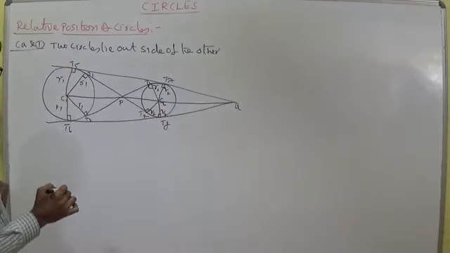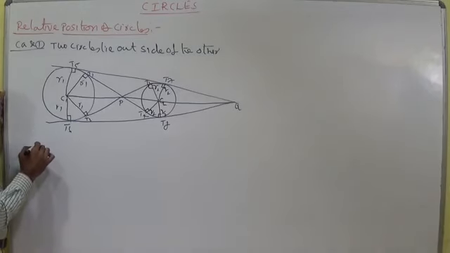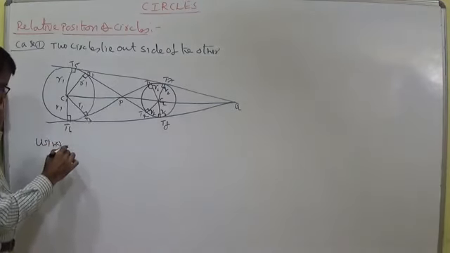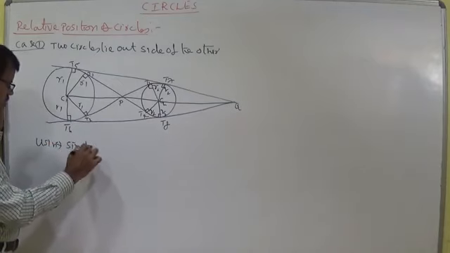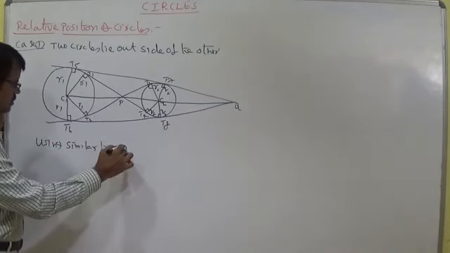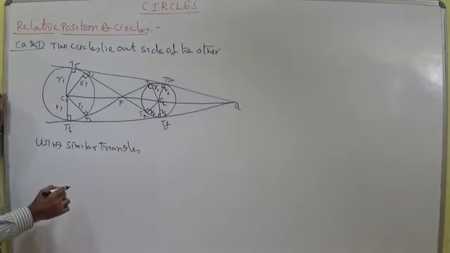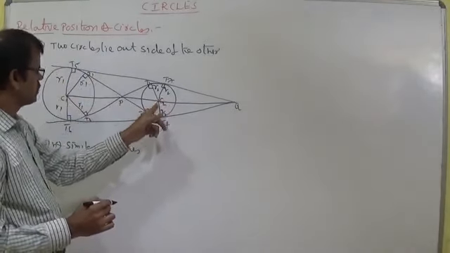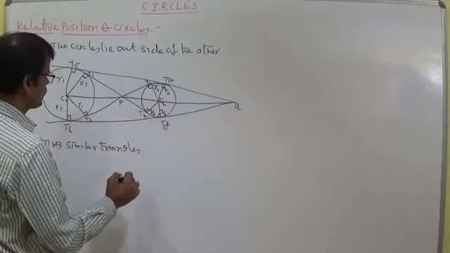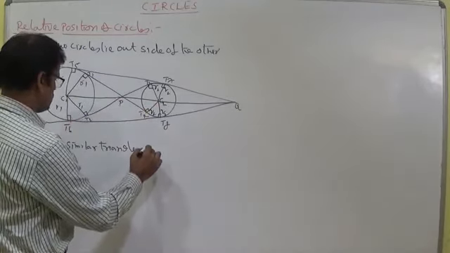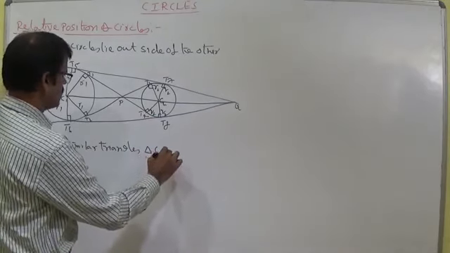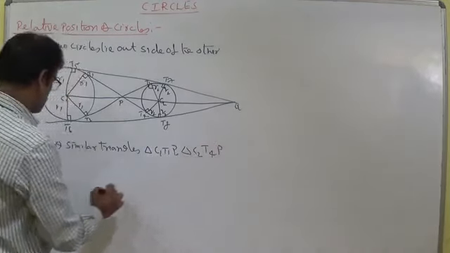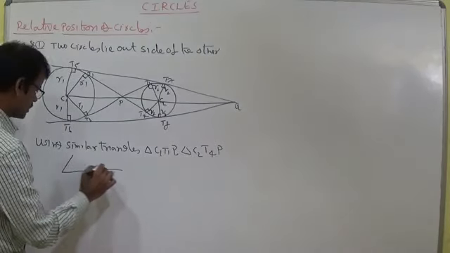Using the similar triangle concept, I want to discuss with you, using similar triangles C1, T1, P and C2, T4, P. Triangle C1 T1 P, triangle C2 T4 P. Let us draw the diagram like this.